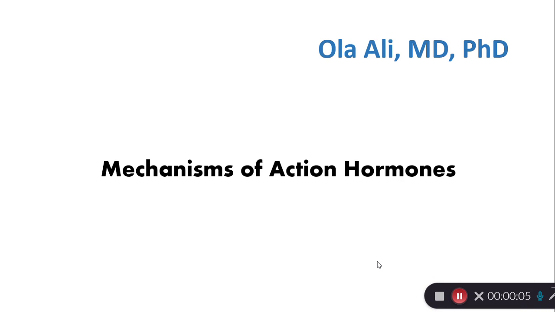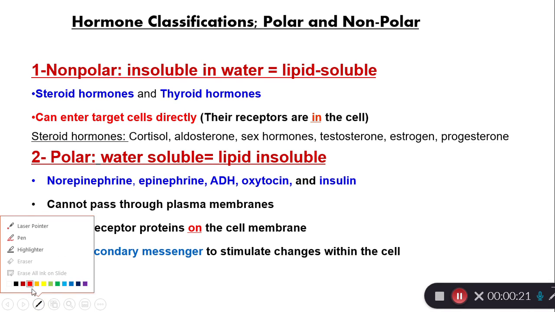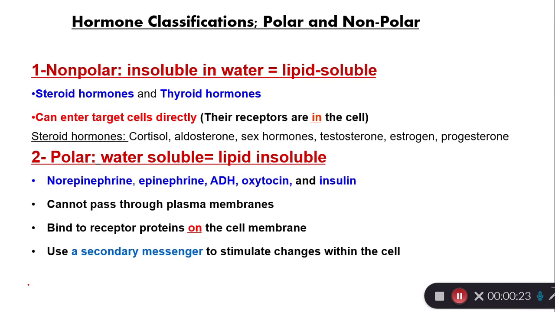Hello everyone, welcome to the second part of the endocrine physiology, and here we will discuss the mechanism of action of hormones. There are two types of hormones. Non-polar, the lipid soluble, so they are water non-soluble, and polar, the lipid insoluble ones or the water soluble.